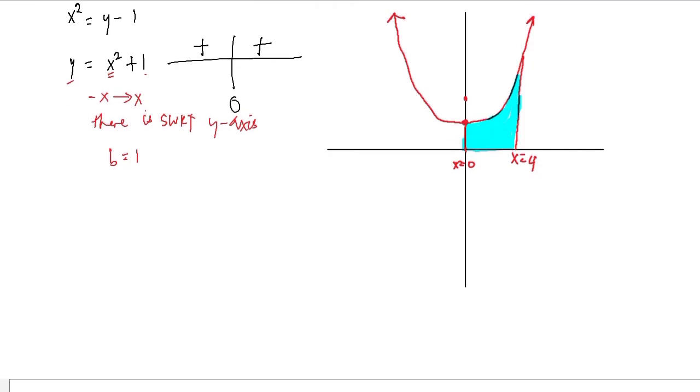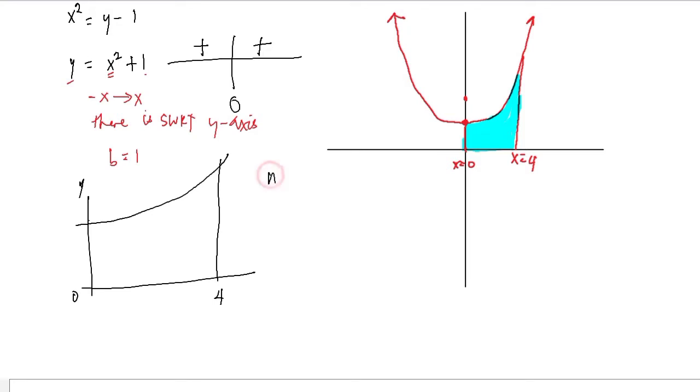Medyo lakihan natin ng konti. Kung yan yung curve, this is the y-axis, this is 0, and ito yung 4. So, if n is equal to 6, therefore, hahatiin natin ito sa 6.